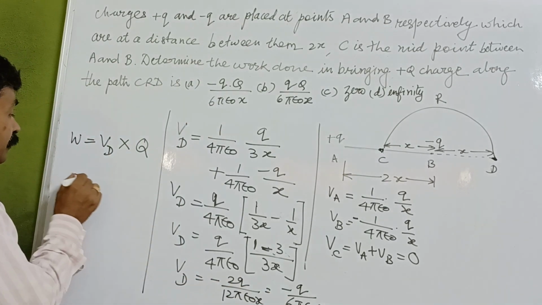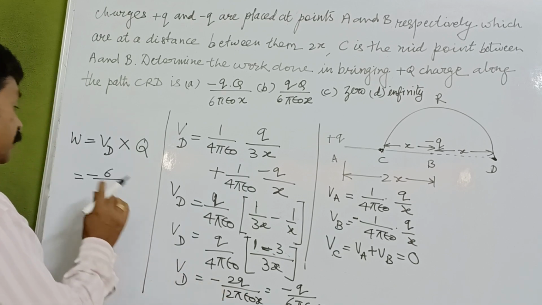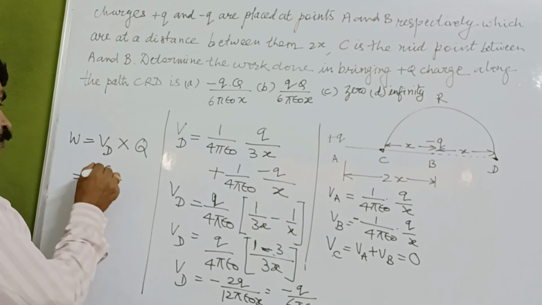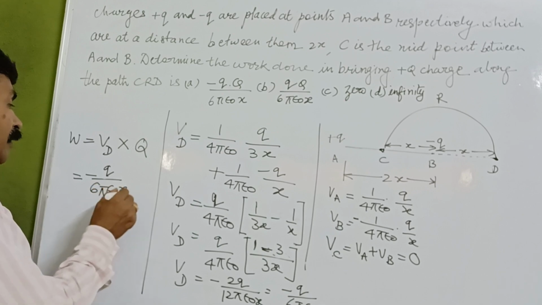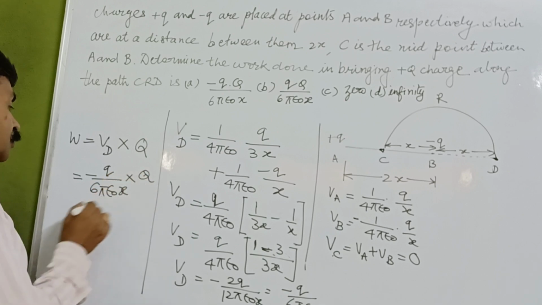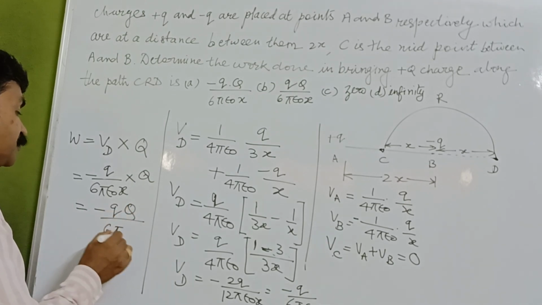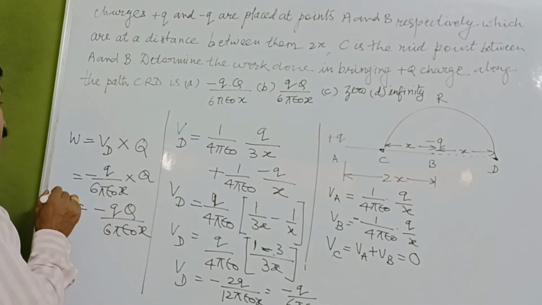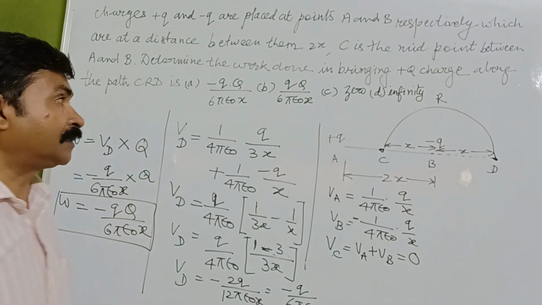VD, which we have, is minus q upon 6 pi epsilon naught into x, multiplied by q. So it is minus q times q upon 6 pi epsilon naught into x. This is the work done. This is the final answer which we have.